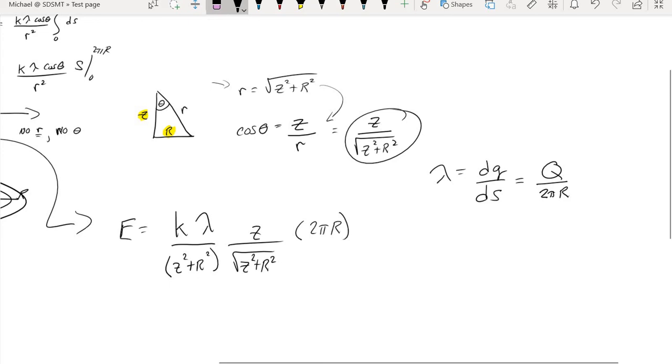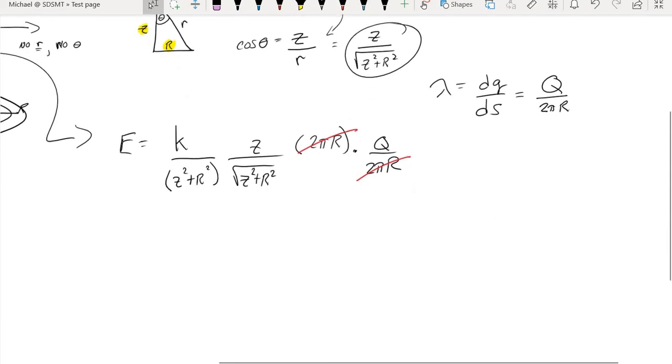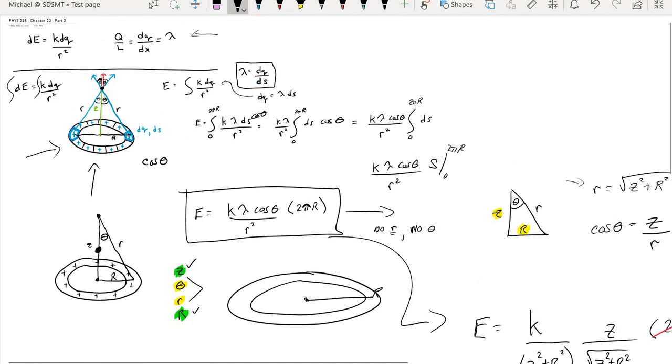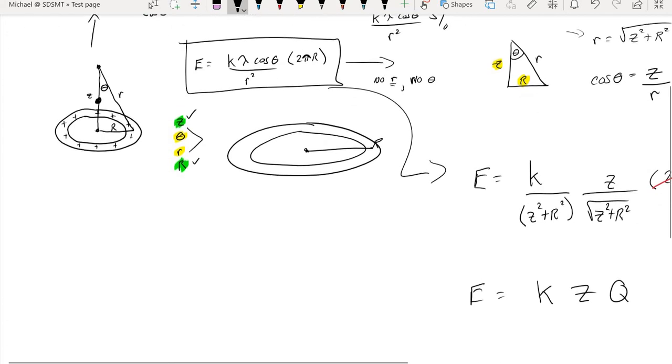So we can also replace lambda with its full value of q over 2 pi r. And oh, look what happened there. We have a 2 pi r and a 2 pi r that cancels out. And what we have left is kzq. So here big Q is just representing the total charge that is spread out over the surface of our ring.